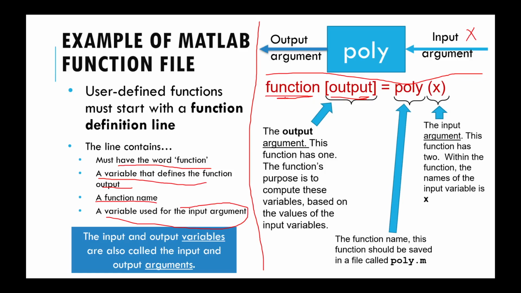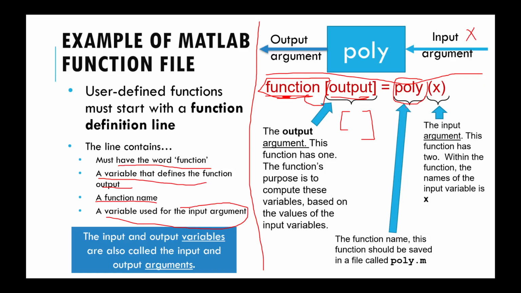Notice that the function file should start with the word function. Then the output variable should be enclosed inside the square brackets. Then you have your function name. This is the function name. The function name should be the same as the file name.